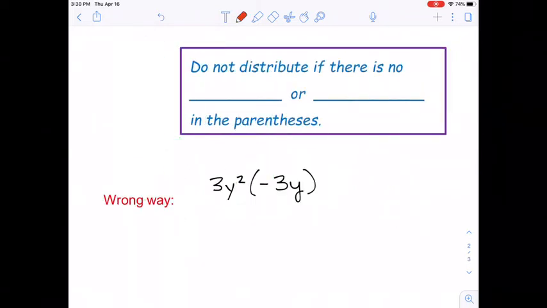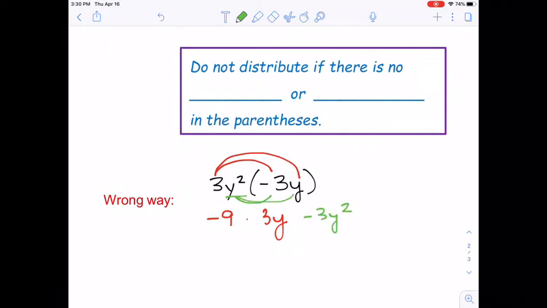One of the common mistakes that I see students make is trying to distribute in a problem like this. They'll take 3 times negative 3 and say, well, that's a negative 9. And then 3 times y is a 3y. Then they'll do the y squared times the negative 3, which is a negative 3y squared. And then they'll do the y squared times the y, which is a y to the third.